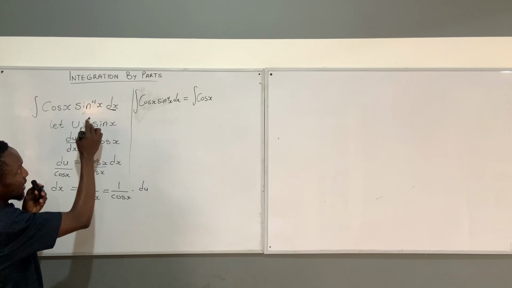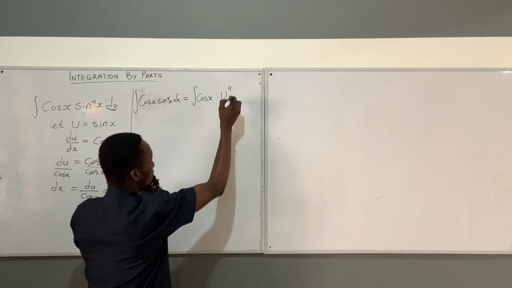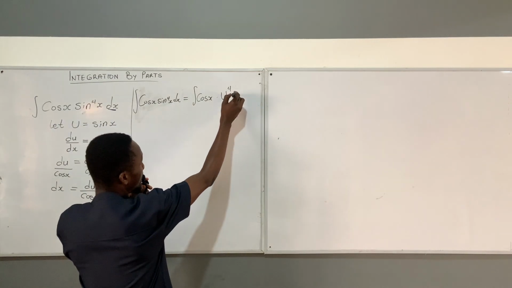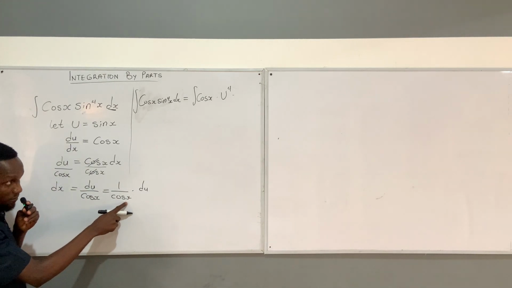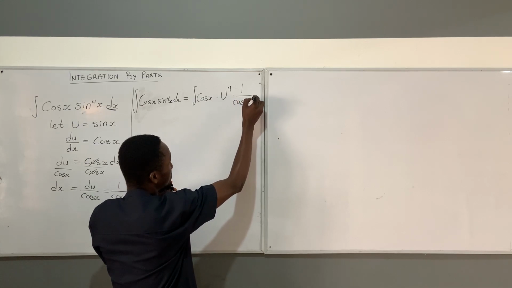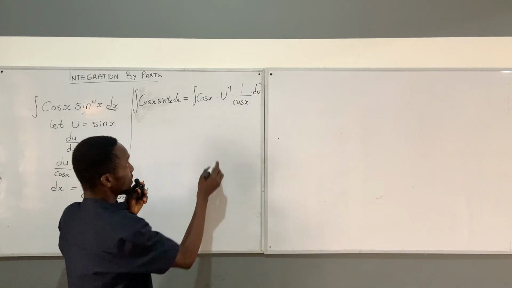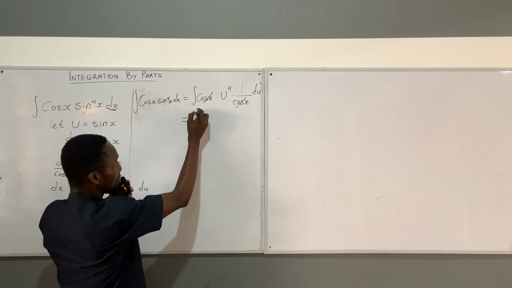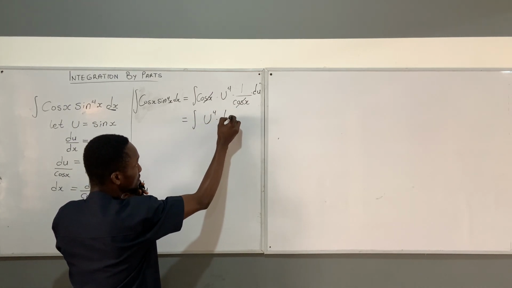So wherever I see sine x, I'll put u, times u to the power 4, because there was 4 here, times dx, but dx is equal to whatever we have here, 1 over cos x times du. Do you understand? So now this can cancel this. It becomes easy. Now I have the integral of u to the power 4 du.